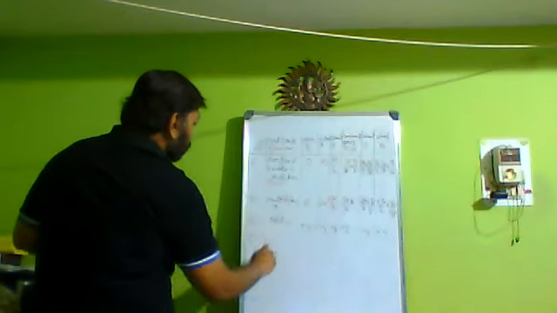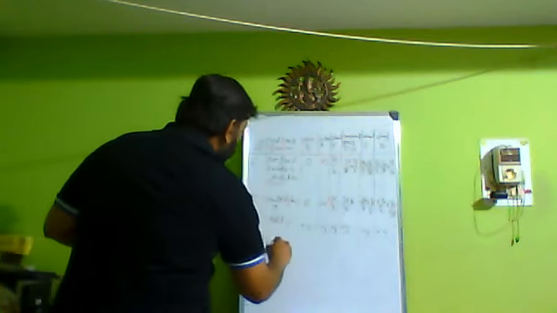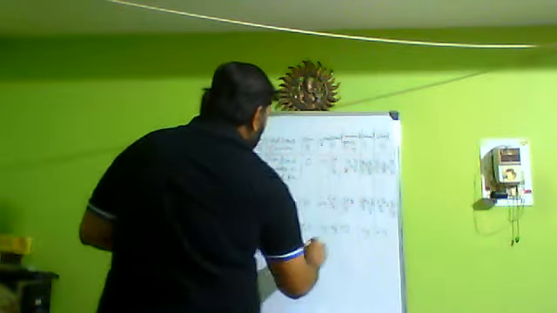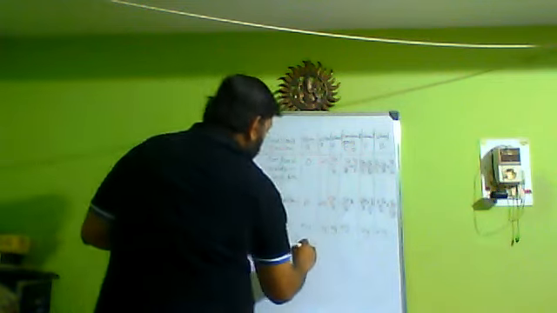Next, the fourth row is the total motion. If you add, what will you get?